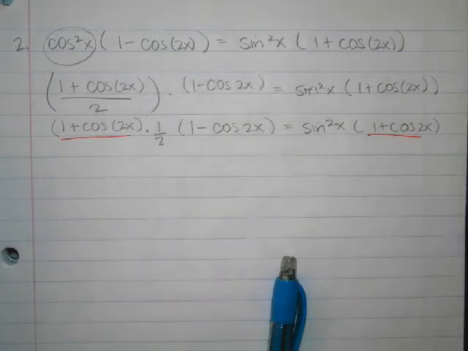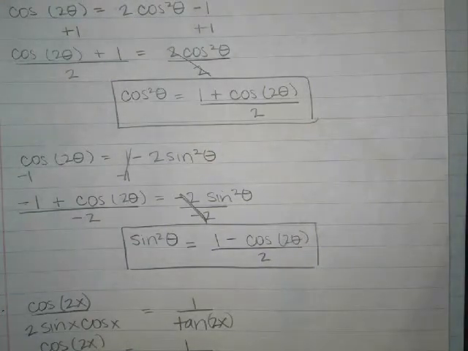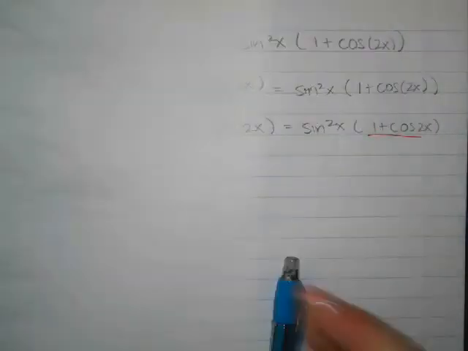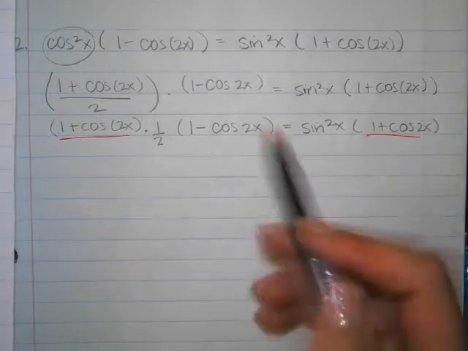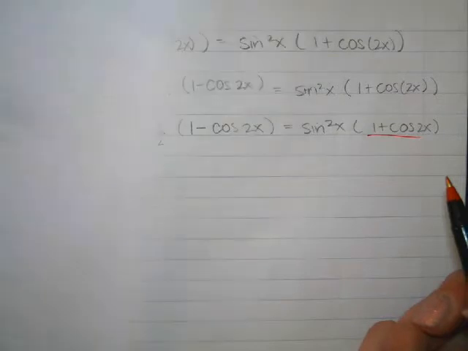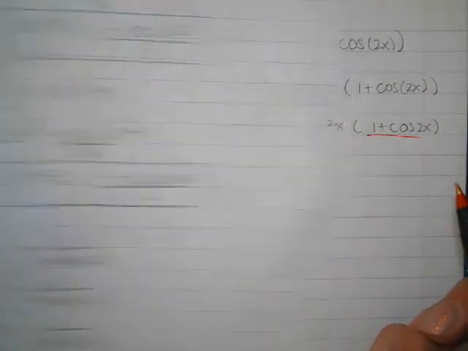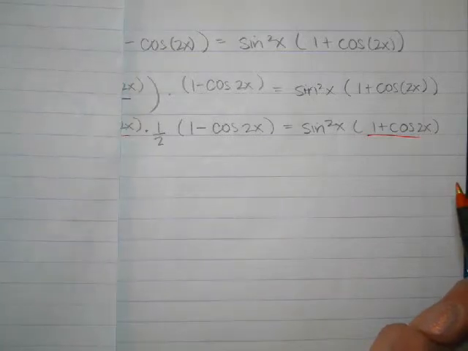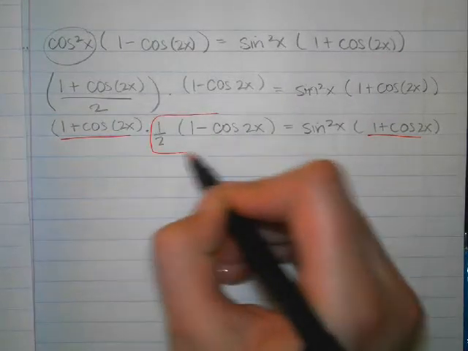So what do you guys notice if we look at the two problems we just rewrote? Do you see anything? So this right here, it doesn't quite look exactly the same.